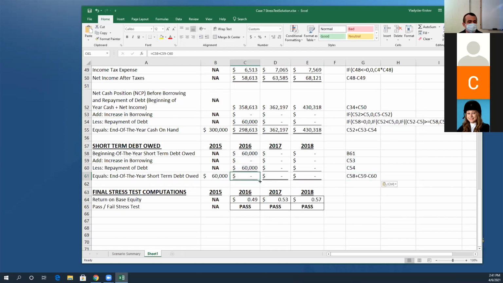So at the end of the year, this is how much you owe. By the way, it's nothing in our case. You don't owe any short-term debt because you repaid everything, right? So those are the calculations.